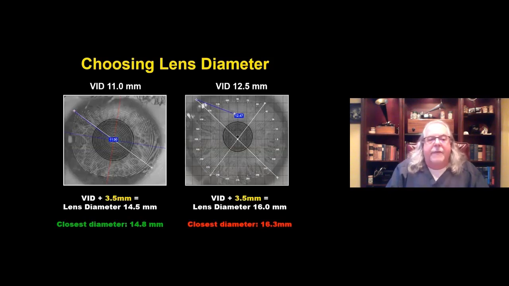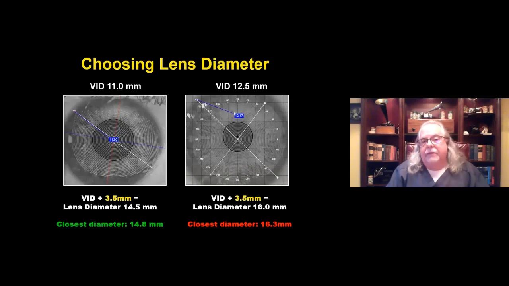So in the example on the left where we have an 11 millimeter cornea, we add 3.5 millimeters, it's 14.5. And the closest diagnostic lens diameter would be 14.8. Now remember, we can flex down to 14.5 if we deem it clinically required.